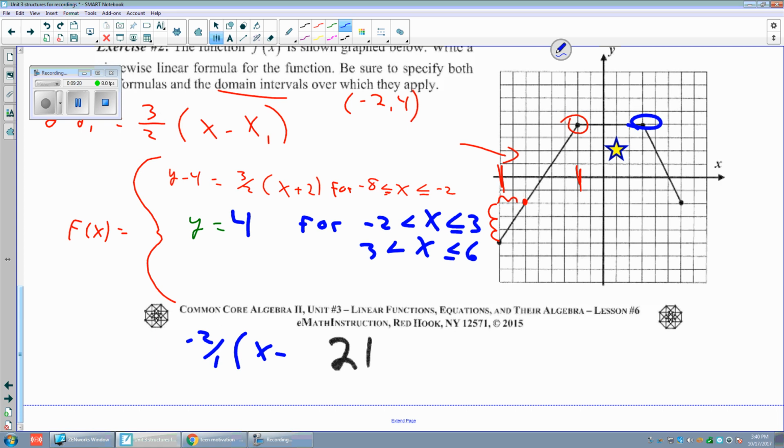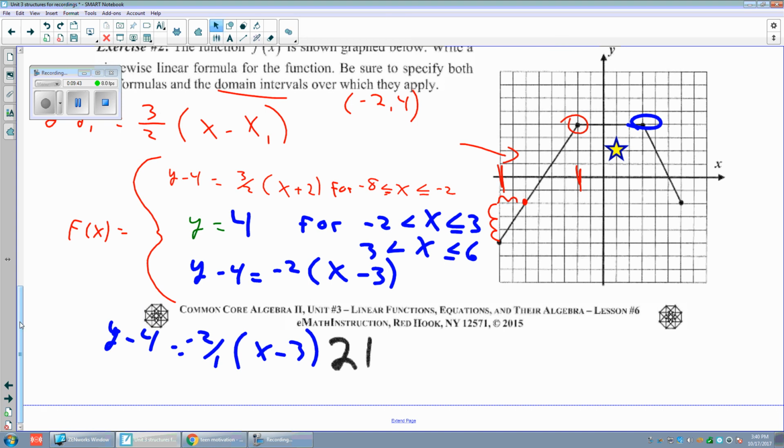What's the x value? 3. Y minus, same point. You have to have the same point. 4. There it is. Y minus 4 equals -2 times x minus 3. Squeeze that in there.